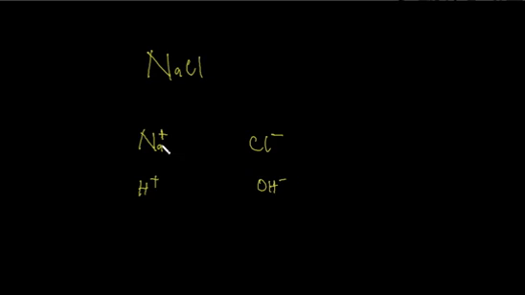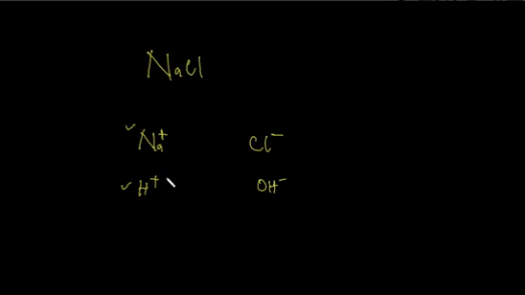So notice, how many cations do you have? 2 cations. How many anions do you have? 2 anions. The question now is, between sodium and hydrogen, who will you choose? Are you going to discharge Na plus or discharge H plus or discharge 2 of them?